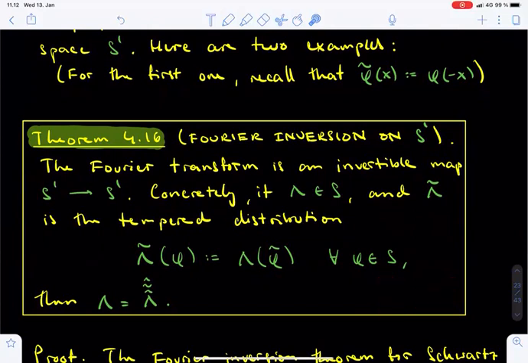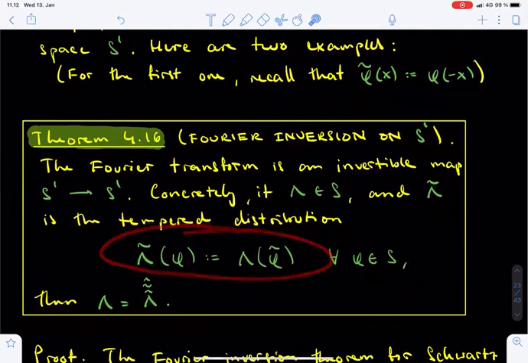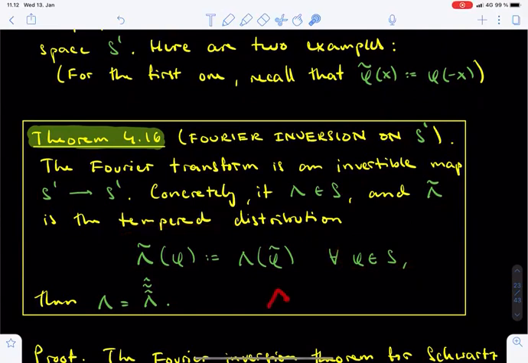We also have the following concrete Fourier inversion formula on the space of tempered distributions. Let lambda be a tempered distribution and define the tempered distribution tilde lambda by the formula tilde lambda of phi equals lambda of tilde phi for all Schwarz functions phi. You can easily check that tilde lambda is a tempered distribution whenever lambda is.